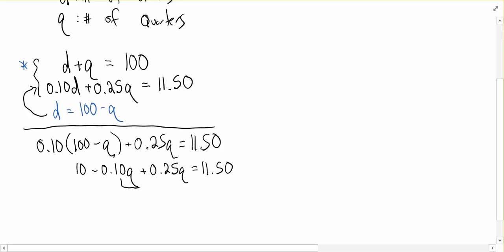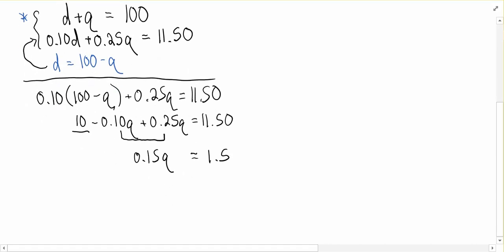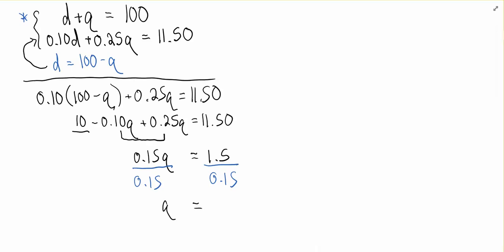Now we can combine like terms with our Q's. 25 minus 10 gives us 15, or 0.15Q. And we can go ahead and subtract the 10 to the other side, leaving us with 1.5. So now if I divide both sides by 0.15 in order to get the Q by itself, I'm going to get Q equals 10.